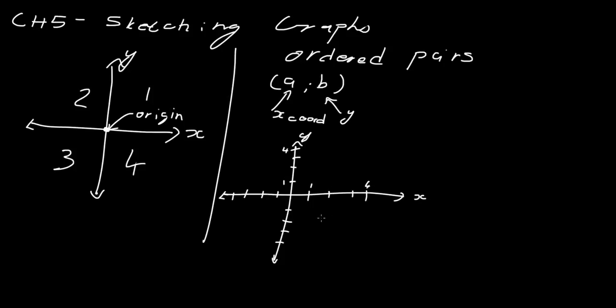You should mark each of these points when you draw this, but just for saving some time, I'm just going to mark these points. Negative 1, negative 4. Okay, so let's just draw these ordered pairs. I'm going to call this ordered pair A. That's the name of the ordered pair, that letter outside the ordered pair. C and D.